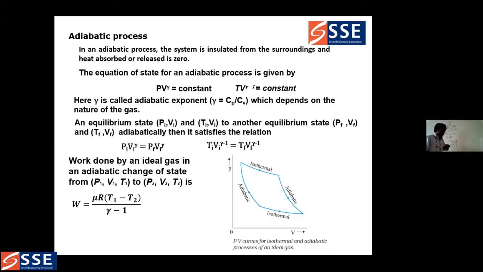If you apply force abruptly, then the volume will decrease abruptly, or the pressure will increase abruptly, in an adiabatic process. So this is the PV curve of an isothermal and an adiabatic process.